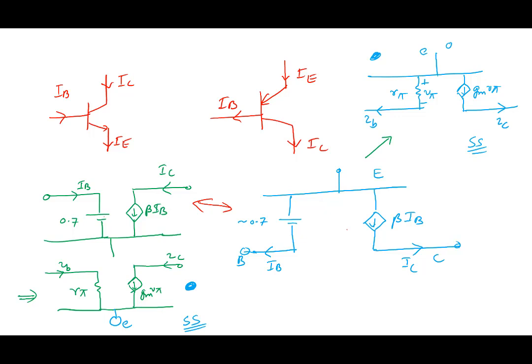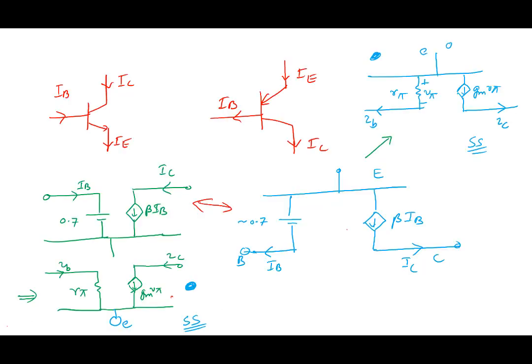Here base emitter voltage is 0.7, here emitter base voltage is 0.7, the direction of the currents, all those things that you are seeing here, right? But I'm saying this small signal model is exactly the same as the small signal model here. The two small signal models are the same. Can I say that?